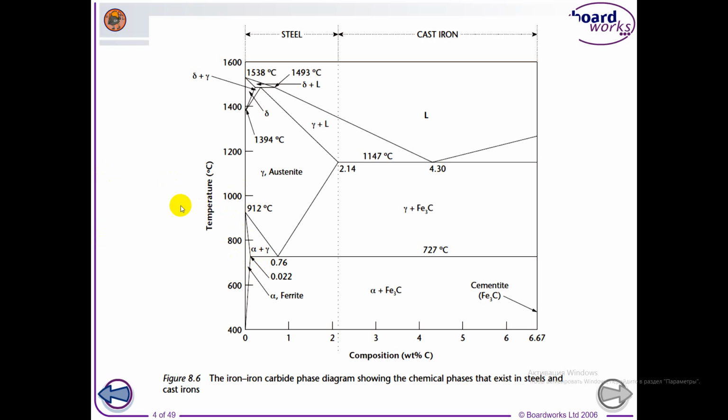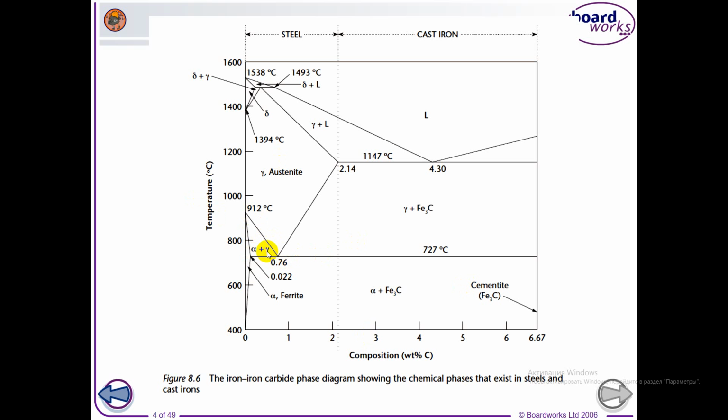And we can see that as we increase the carbon from 0 to 0.76%, the temperature at which alpha ferrite transforms to gamma iron or austenite decreases from 912 to 727 as it follows the solid line.